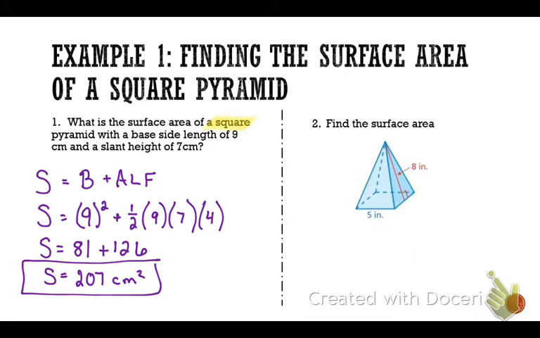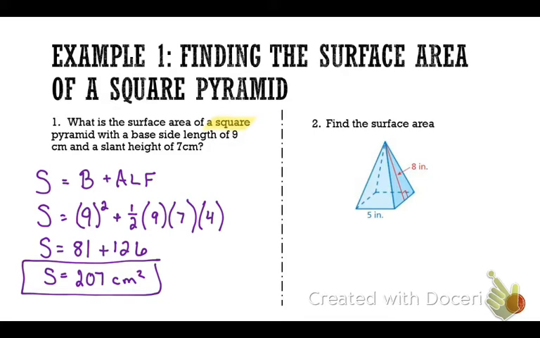I do feel like it's a lot easier for us to understand what's going on when we can see the image. So we need to find the surface area of our, okay, what kind of pyramid is that? What do you think? Do you think that's a triangular pyramid? Okay.